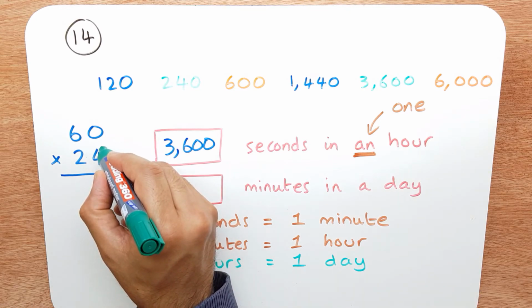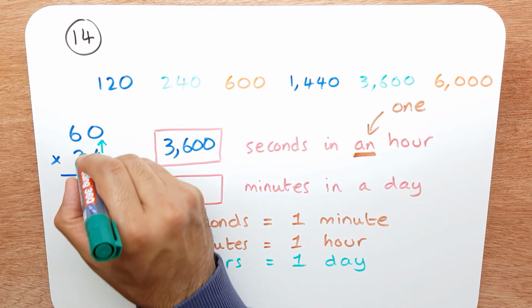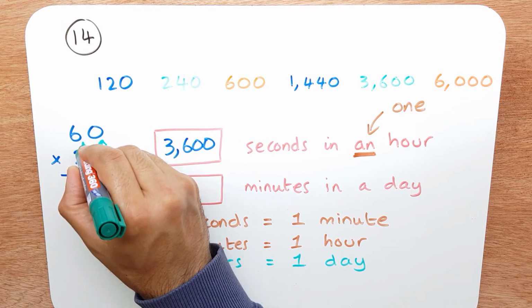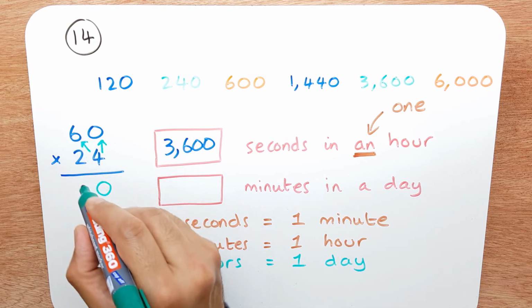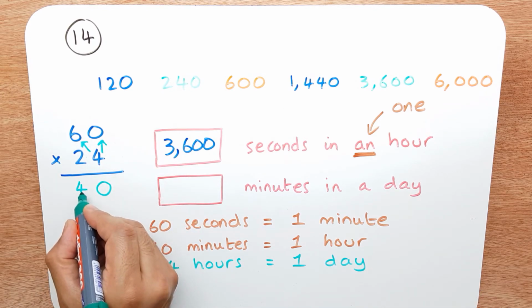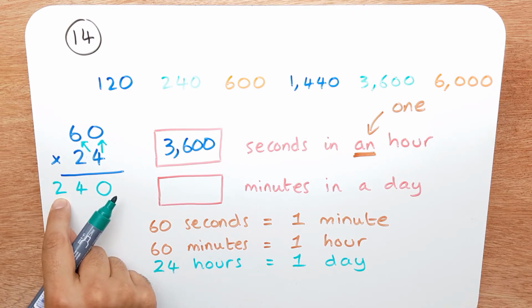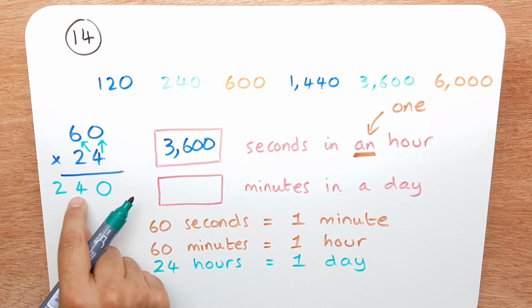So I do 4 times 0, which is 0. And then I do 4 times 6, which is 24. So I put the 4 down and I put the 2 in the next column because there's nothing to do. So it's 240.